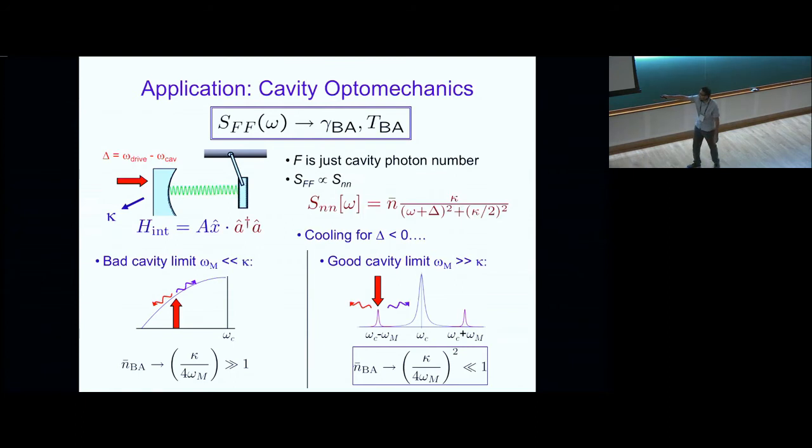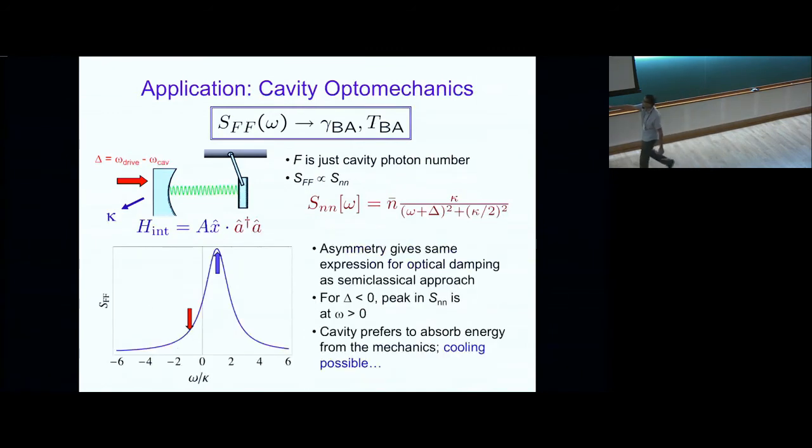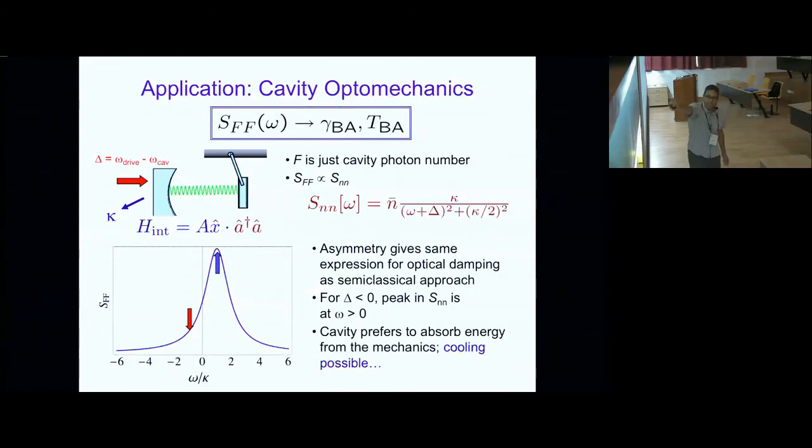If I now do the same thing, but use a very, very high frequency mechanical resonator, and again, I pick this detuning such that the peak of this noise spectral density lines up with the mechanical frequency, well, in that case, the positive frequency noise is enormous. The negative frequency noise, that makes this Lorentzian even skinnier and skinnier, is basically zero.